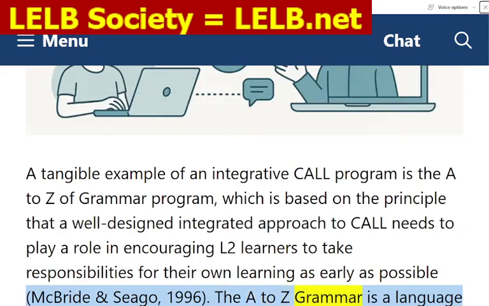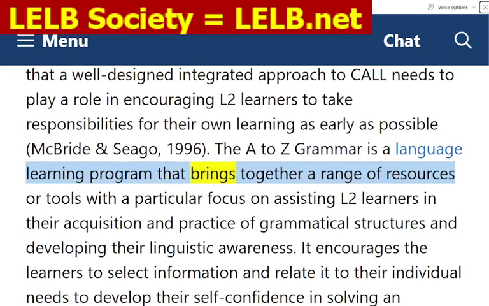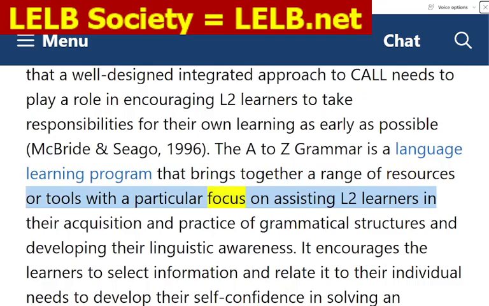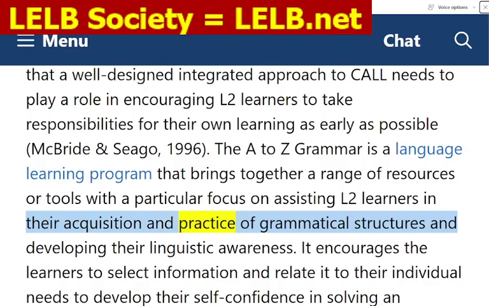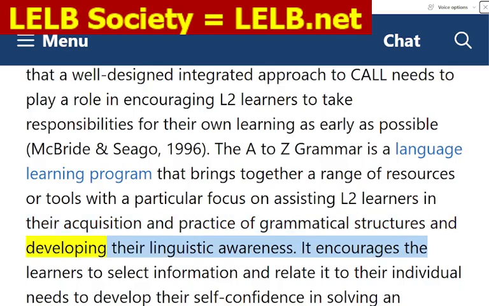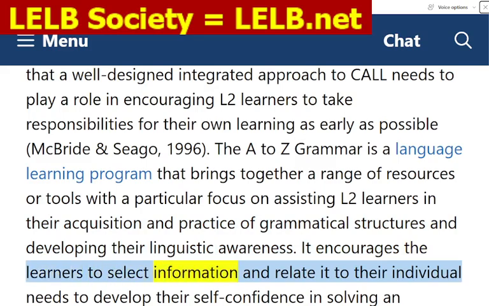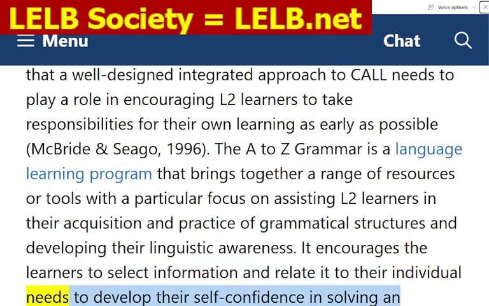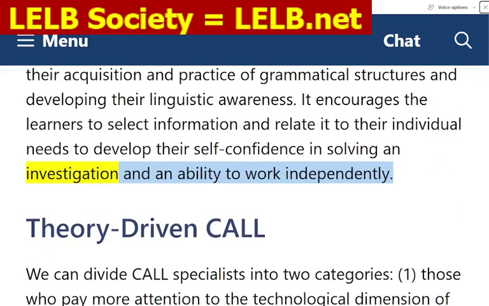The A to Z Grammar is a language learning program that brings together a range of resources or tools with a particular focus on assisting L2 learners in their acquisition and practice of grammatical structures and developing their linguistic awareness. It encourages the learners to select information and relate it to their individual needs to develop their self-confidence in solving an investigation and an ability to work independently.